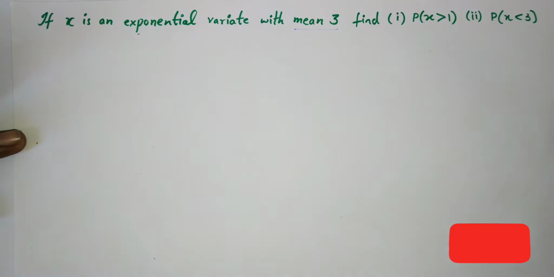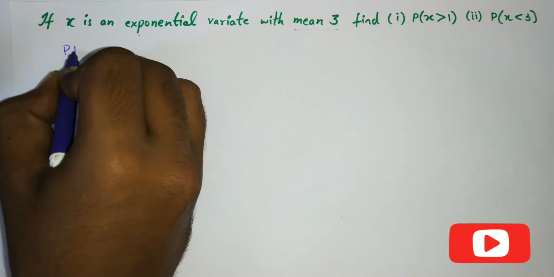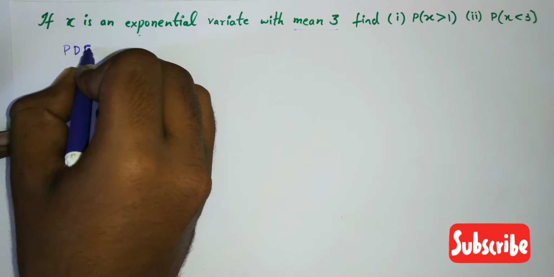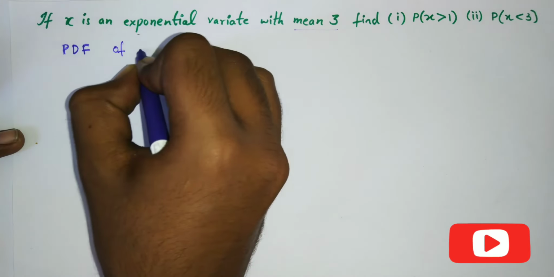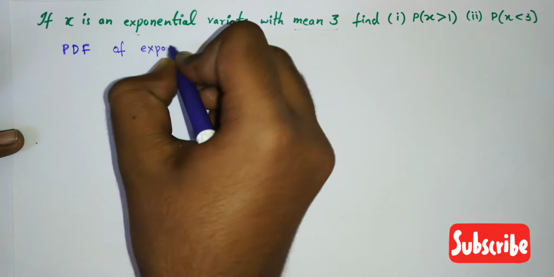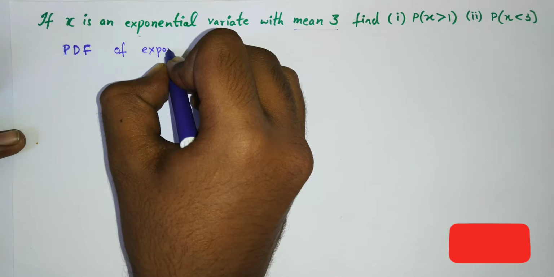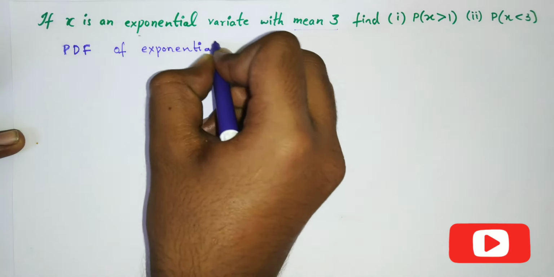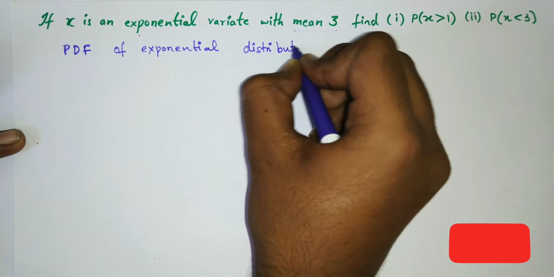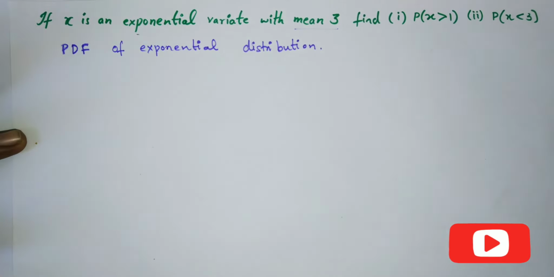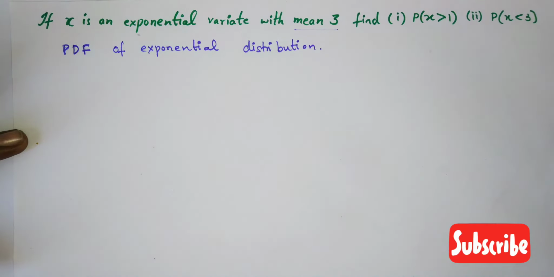Now here you need to understand the probability density function of the exponential distribution. In the question the exponential distribution function won't be given, so we have to take the function.